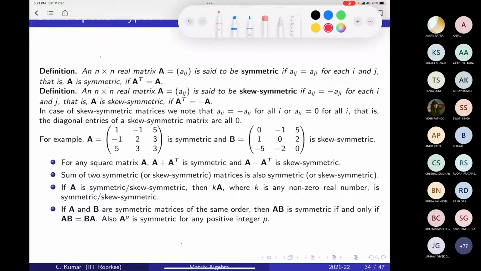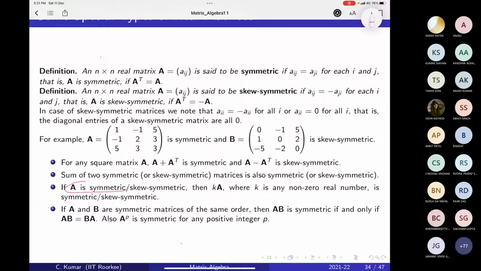So the first case is, let us say that A is symmetric, and then we want to show that K into A, where K is not equal to 0, is a symmetric matrix. So A is symmetric means A transpose is equal to A. Now we consider K times A, where K is not 0.